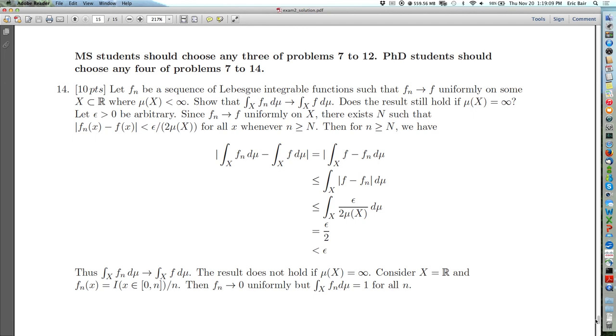The integral over X with respect to d mu is, of course, just equal to the measure of the set X by definition. We end up with epsilon over 2, which is less than epsilon. So that gives us that this sequence of integrals is converging to the integral of f. And the result doesn't hold if mu of X is equal to infinity. You can see the counterexample there of something that's converging to 0 uniformly, but each one of the individual integrals is equal to 1. So in this case, the limit of the integral is not equal to the integral of the limit.